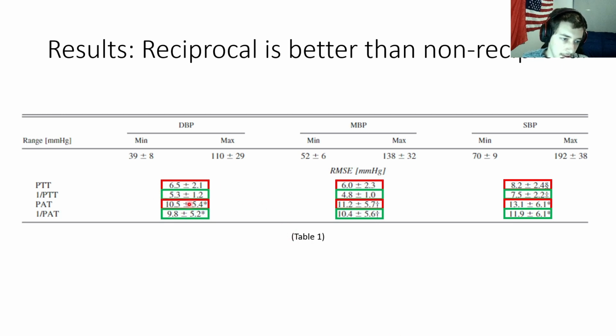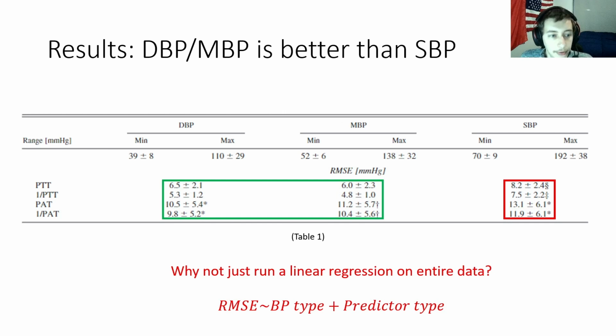Again, you can see that because the green boxes have lower RMSE than the corresponding red boxes above them, which are the non-reciprocal. They've also found that the diastolic and mean blood pressure were better for predicting than the systolic blood pressure, because the root mean squared error in the green box was lower than in the red box.